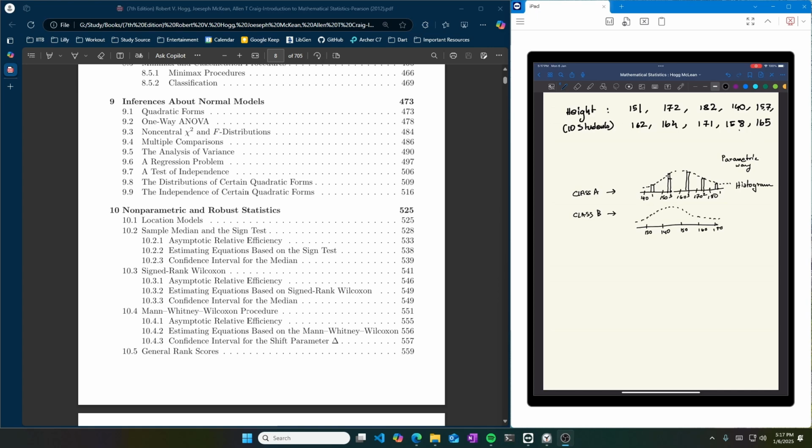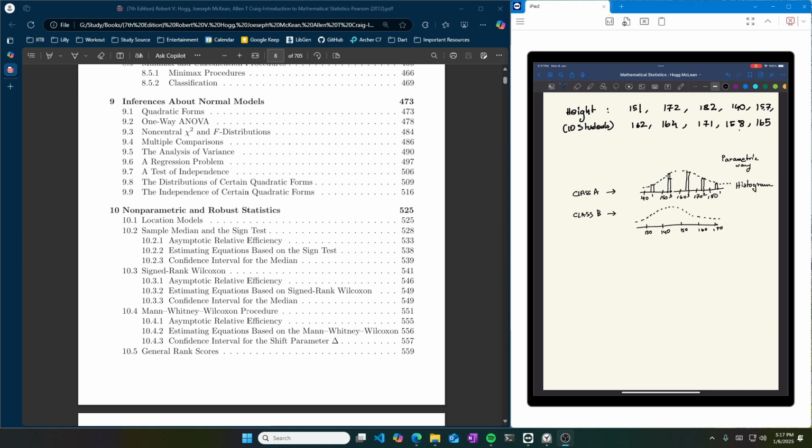Nevertheless, when we use the parametric way, we try to fit an idea of a distribution, that the distribution looks like this, and we try to find a distribution given the sample data that we have in our hand.